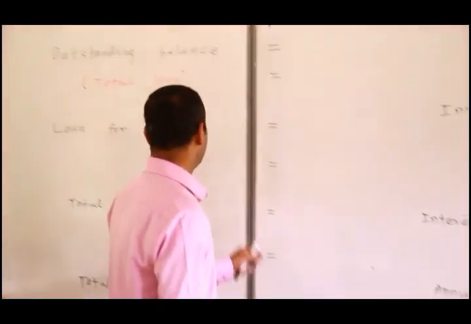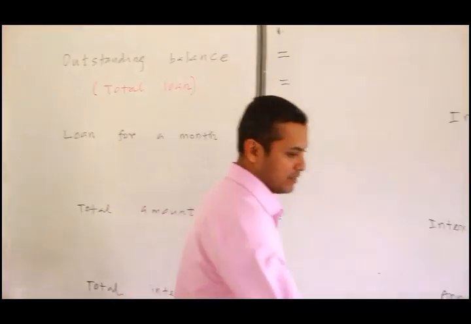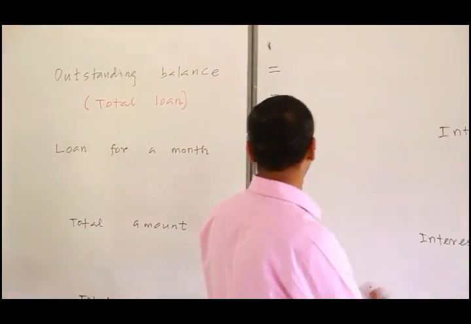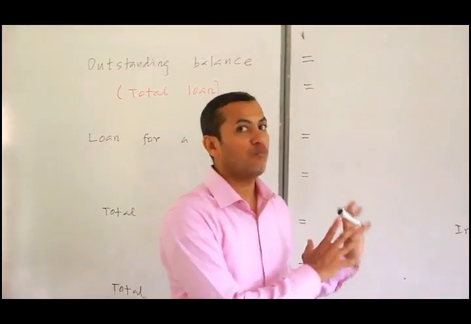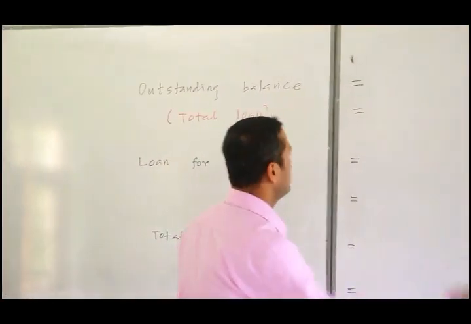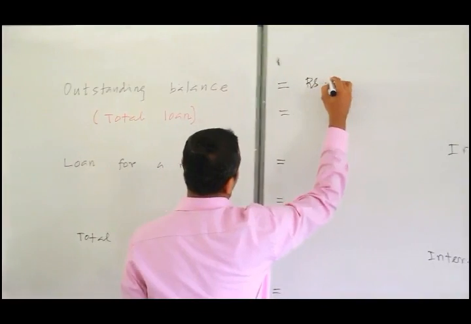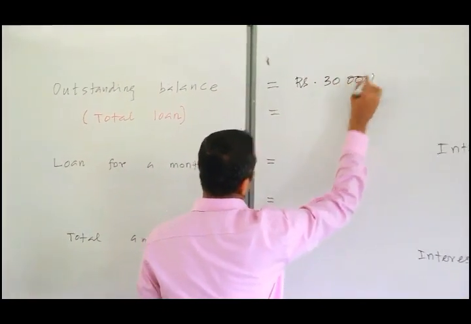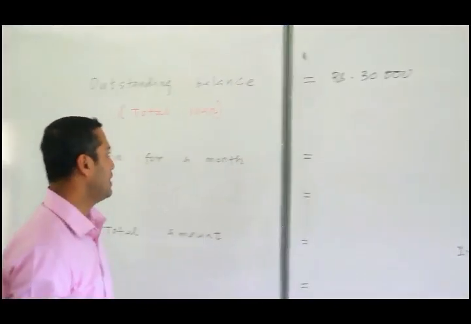So now we move to the question. How to find the outstanding balance? It is the same. Here we don't have any down payments. It is the same as the price of the Almirah, rupees 30,000. That is the outstanding balance.